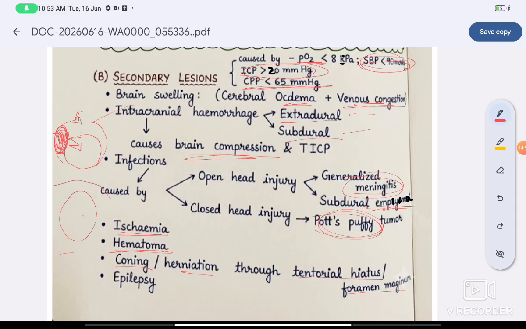When there is further exit of brain content that should actually be in the cranial cavity, but it is leaving the cranial cavity through this foramen magnum, it is known as herniation. Okay, then there is epilepsy.